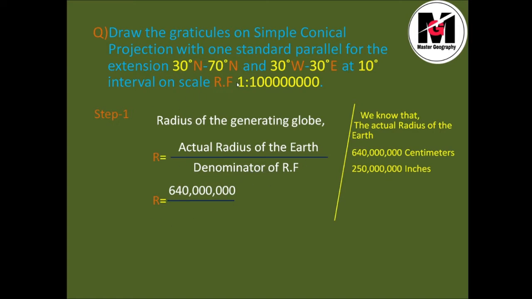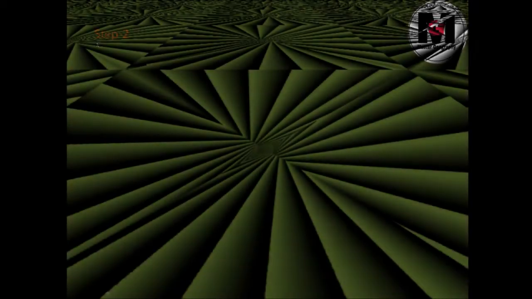Look here, this is RF 1:100 million. Having divided, we will get 6.4 centimeter. So the radius of the generating globe, r, equals 6.4 centimeter. Then step 2: we need to determine the latitude.